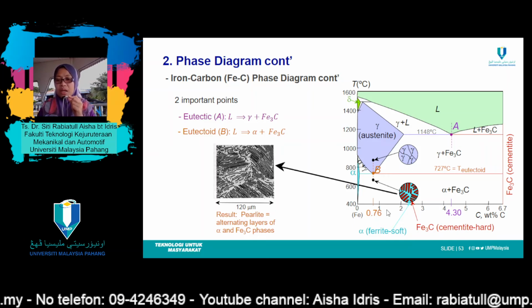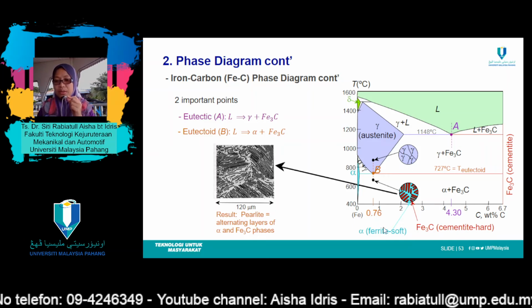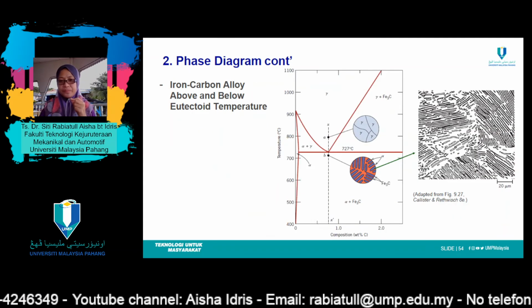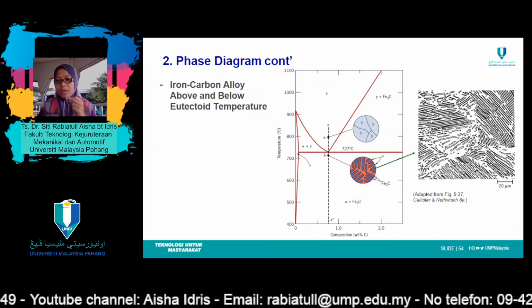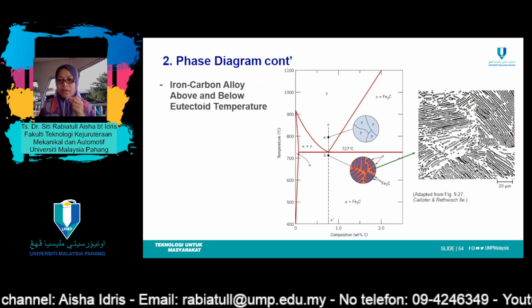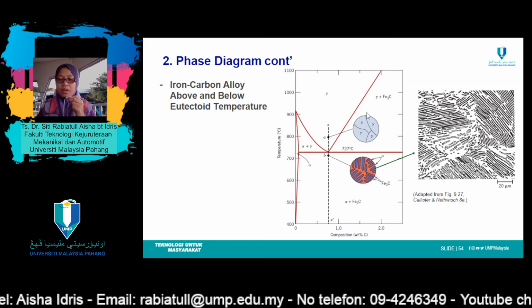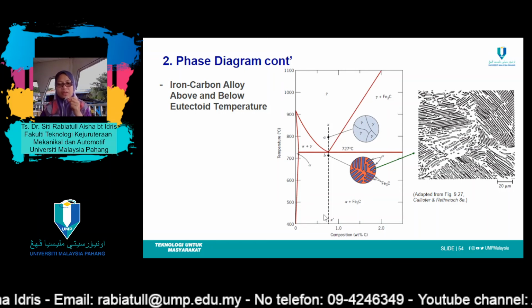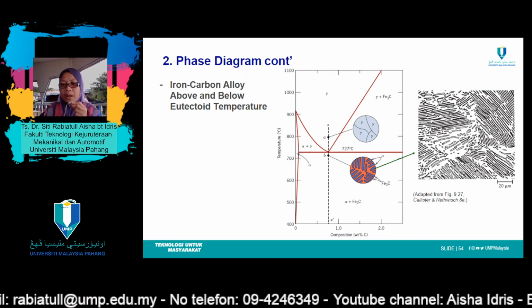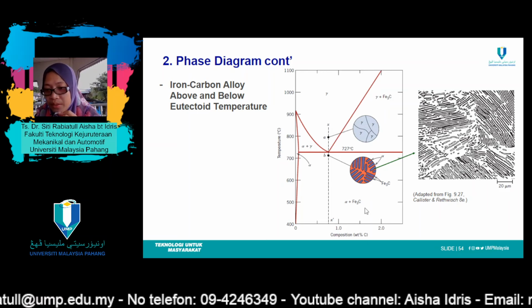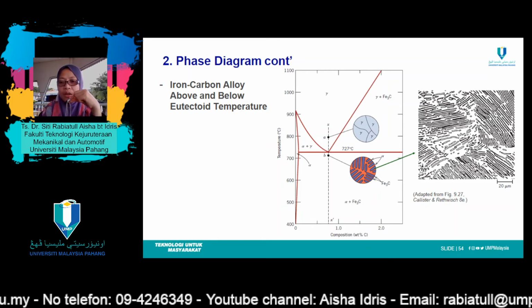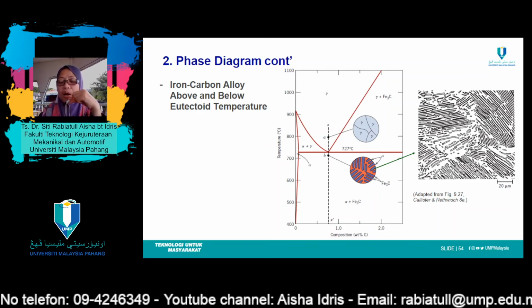However, austenite is the matrix itself with very soft properties. And this is the microstructure for eutectoid. Again, the lamellar part is the cementite, and the matrix itself is gamma or austenite.